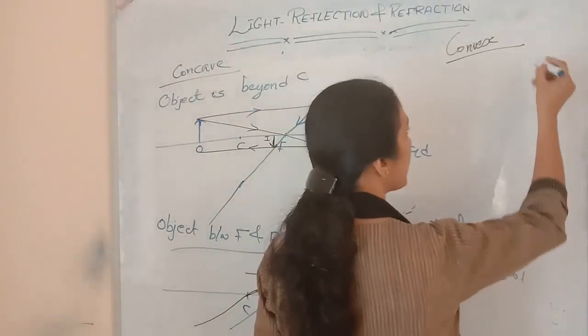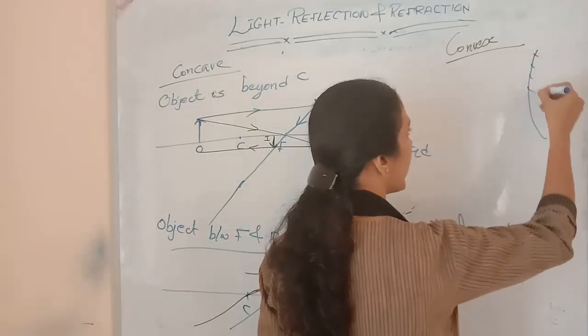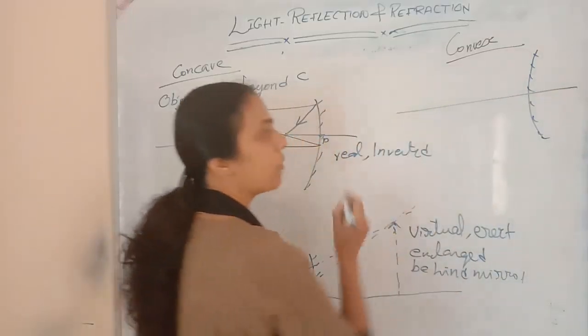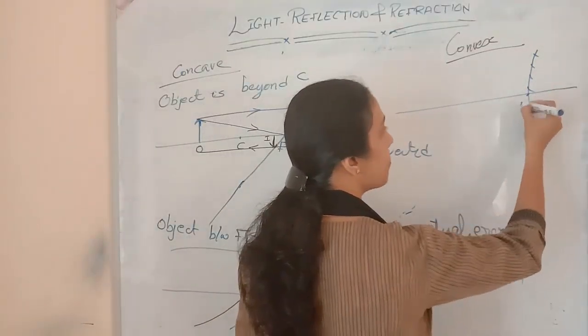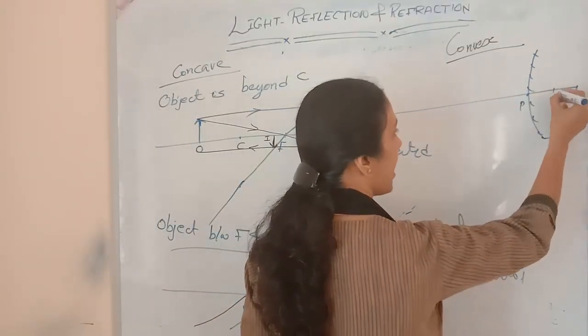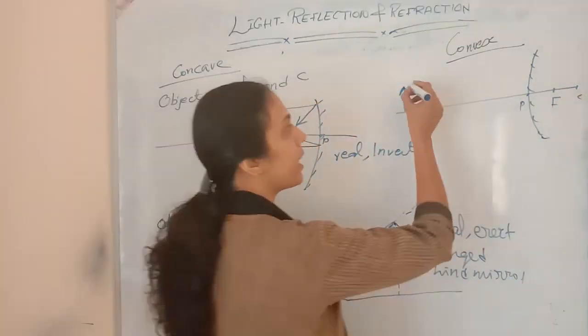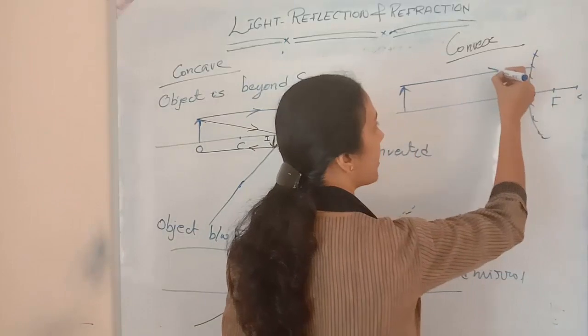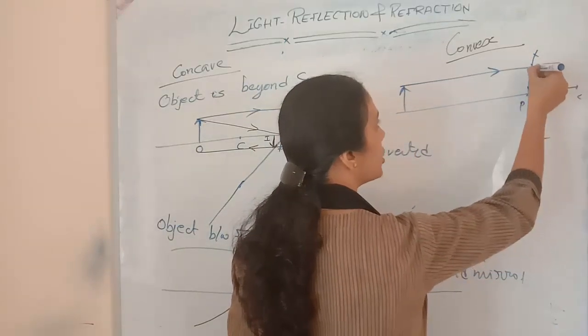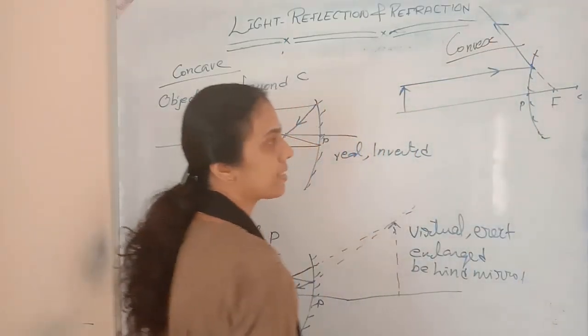So see here, this is a convex mirror, this is P and this is C, and I am keeping an object over here at F. The ray which is passing parallel will appear to diverge from the principal focus, isn't it?